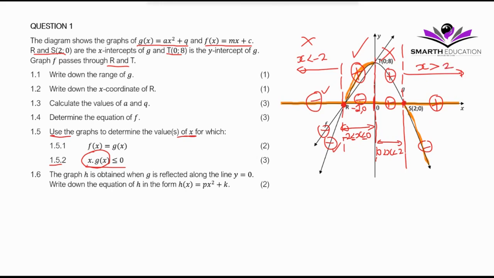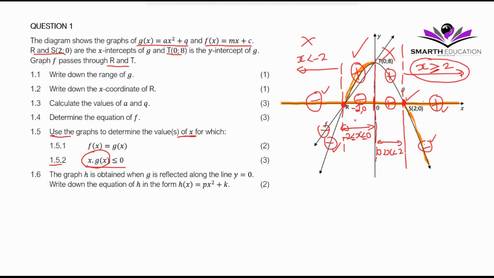But we have to include 2 because at 2 g of x is equal to 0. We want where this product will be less than or equal to 0, so we have to include the 2. This one will give us 0, and then positive and negative will give us a negative value. So x should be greater than or equal to 2.